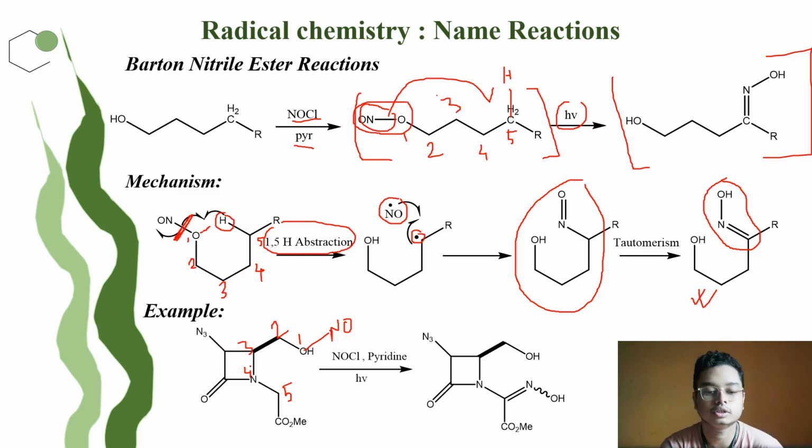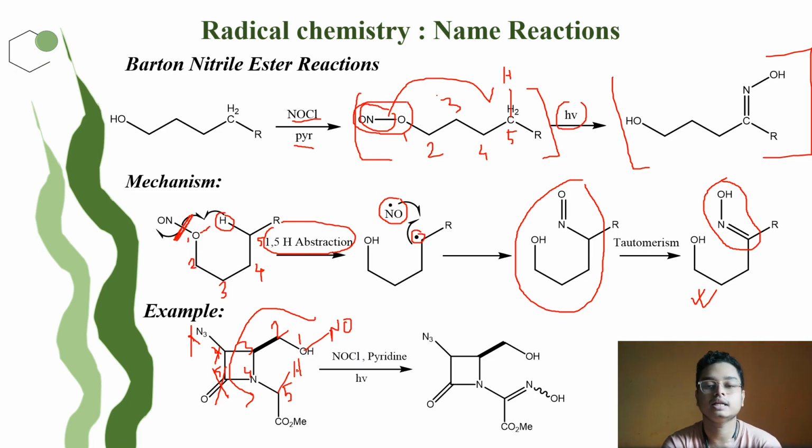If we go here to 5, this fifth carbon doesn't have any hydrogen to undergo 1,5 hydrogen abstraction, so this will not happen. Similarly we can't go this pathway because no hydrogen is there either. So our desired pathway will be this one only, because here one hydrogen is there.